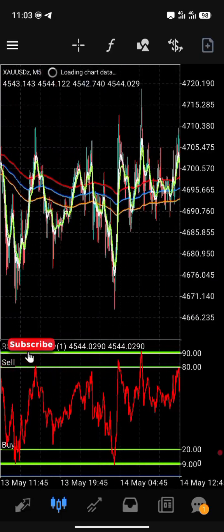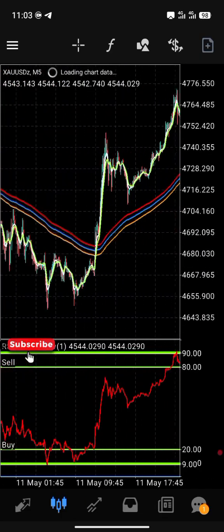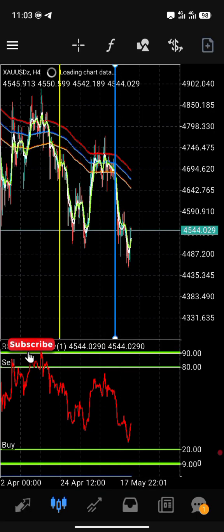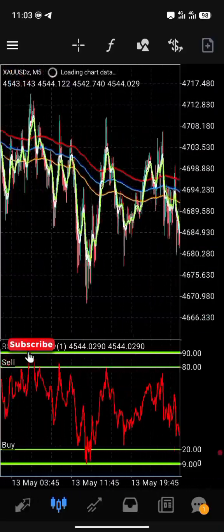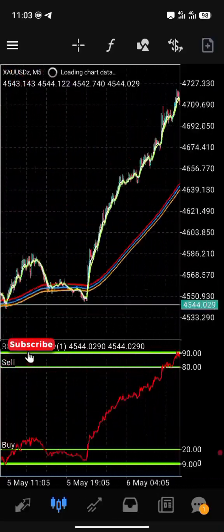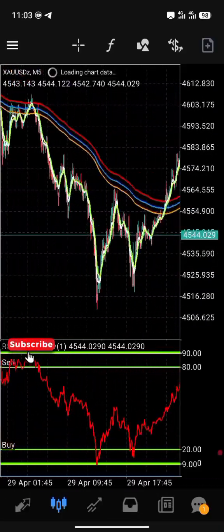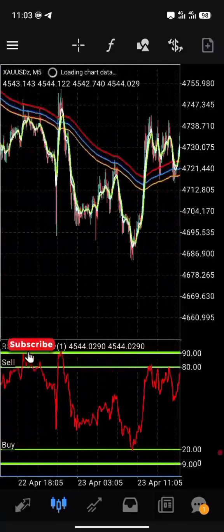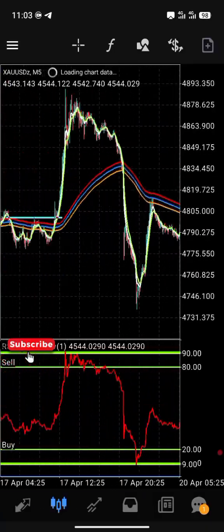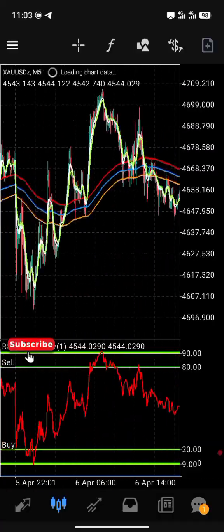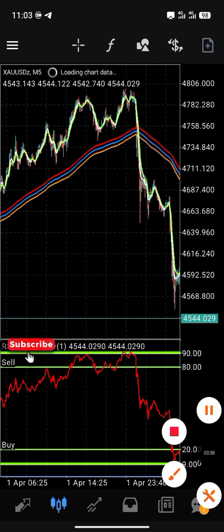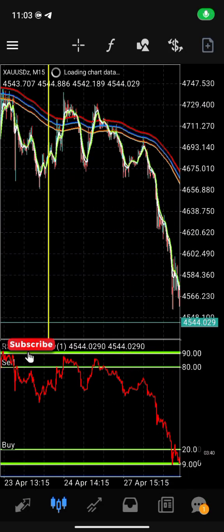Let me see if I can find another. Let's see if we can find it, if it's very far in the charts. If it is far in the charts, we're going to use the M15 for it. Okay, so I found that, on the M15.